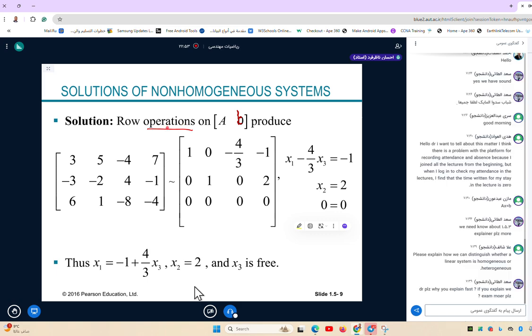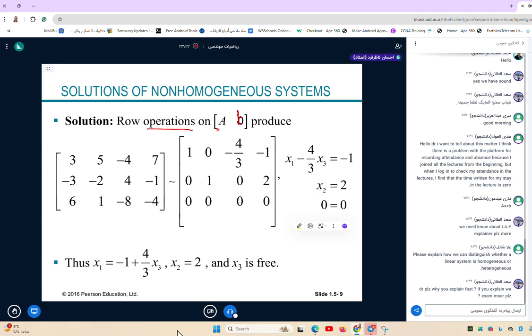You need to do many exercises. There are 3 row operations. If you remember, you can multiply one row and add it to another one, interchange 2 rows, and scale, or multiply a row by a scalar. So these are the 3 row operations that we already saw.